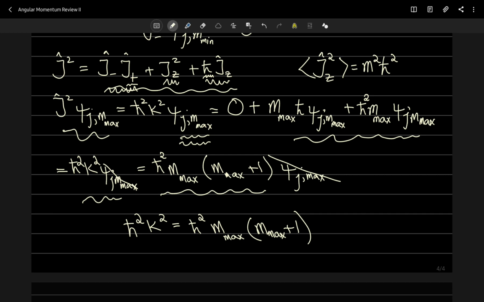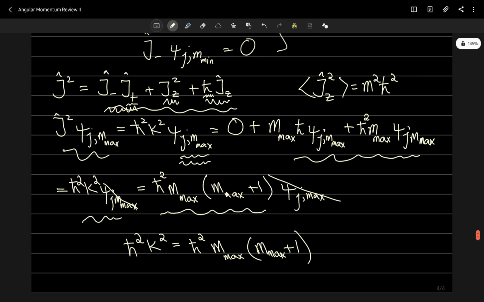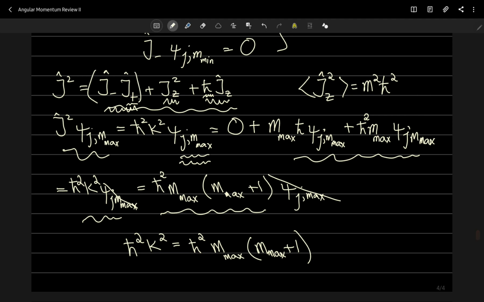For m minimum, you do it using the same method that I did for m max, but the only thing that would change is instead of using psi j m minimum, you would use psi j m maximum, and in the other equation for j squared, you change the positions. So in place of j minus, you would have j plus, and in place of j plus, you would have j minus in this one, right?